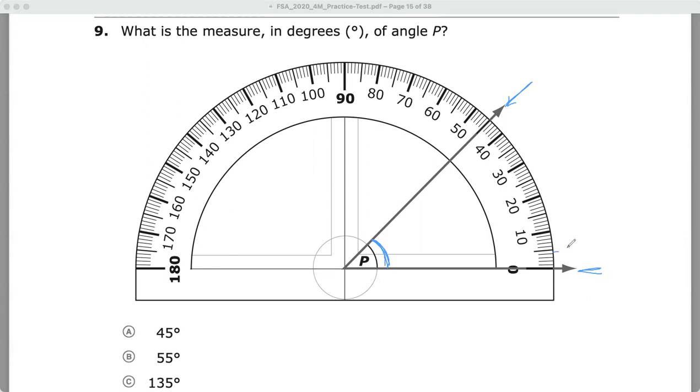These interim marks are like 5s, going up by 5. So if this is at 40, halfway between 40 and 50 is 45. So it would be 45 degrees.